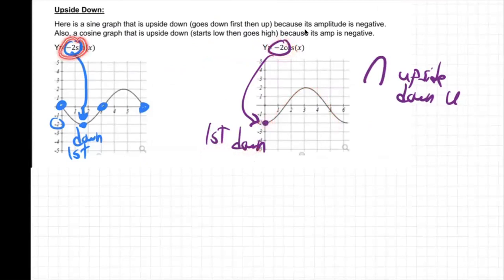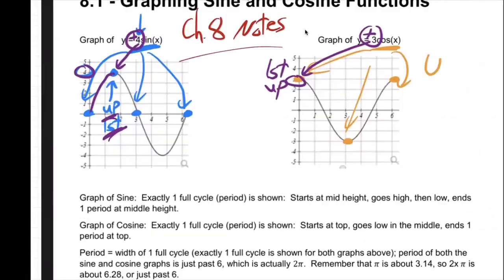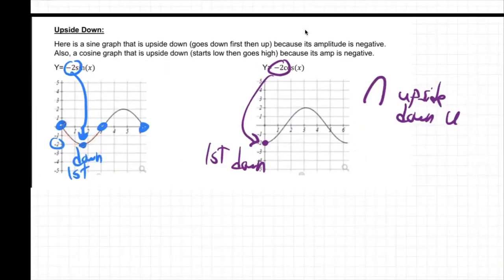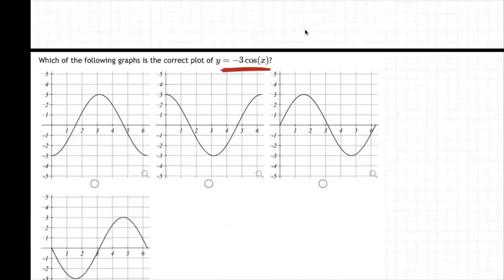The main difference is sine is middle, cosine is a U upside down or right side up. The only difference between positive and negative sine is that it goes up first for positive, down first for negative.